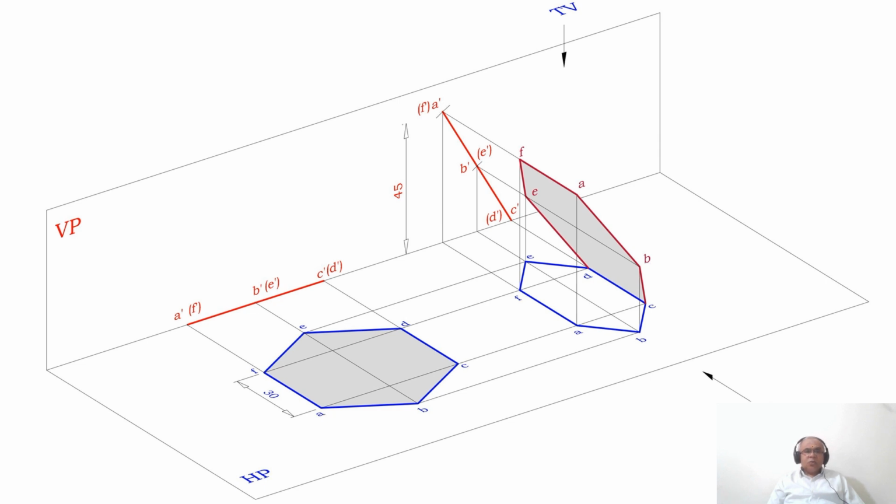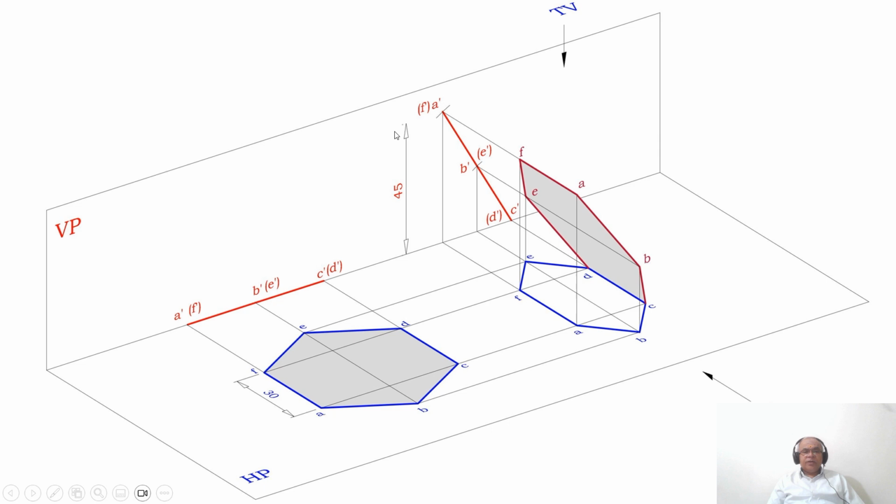But what he says is, the side opposite to the side is above HP by 45 mm, and one of the sides touches both the reference planes. That means if you are considering C dash D dash on the XY line, you can see here C dash D dash is on the XY line. So we are rotating this hexagon in the top view such that AF will be above HP by 45 mm.